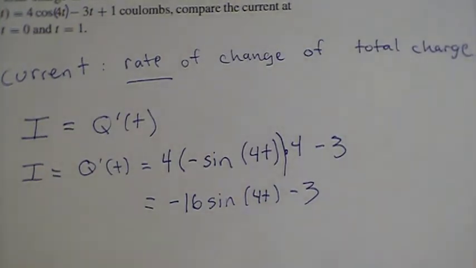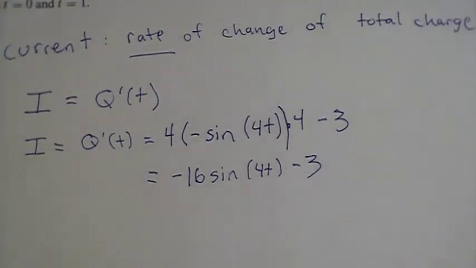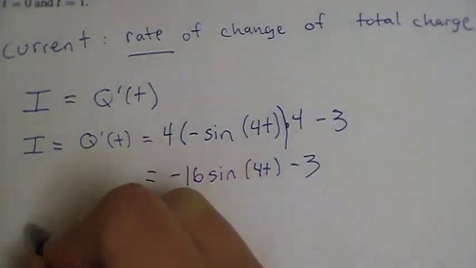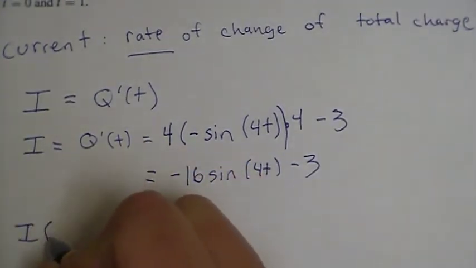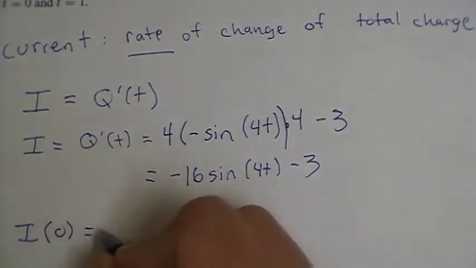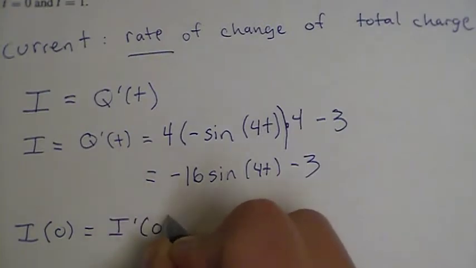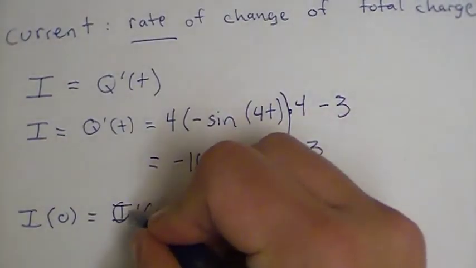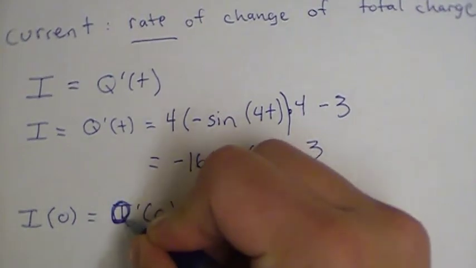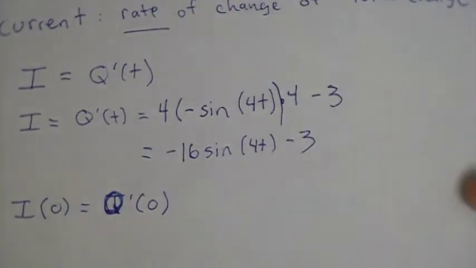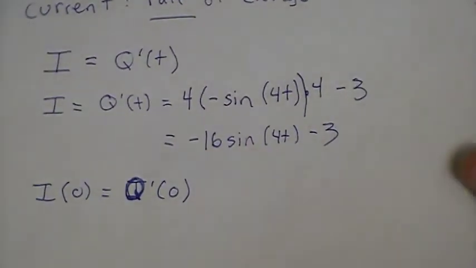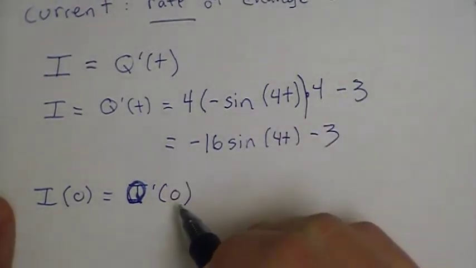Now, if we wanted to use this to estimate the current at 0 and the current at 1, it's not very difficult to do. I of 0 is going to correspond to I prime of 0, or excuse me, Q prime of 0, my fault. The derivative we just found is a derivative of Q, not a derivative of I. It's a formula for I. So we want to evaluate this at 0.